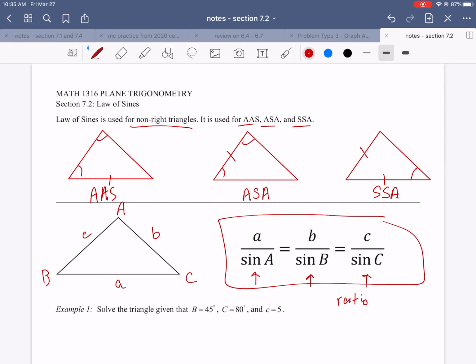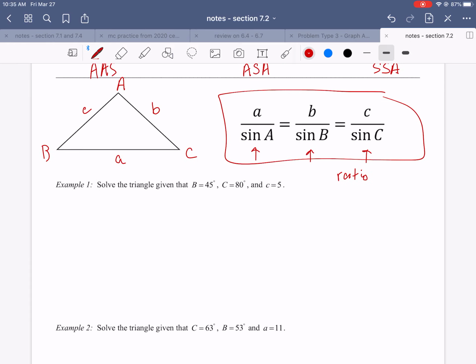Okay, so we're going to start with example 1. We're going to solve the triangle, which means we're going to find all of the missing information, all of the missing sides and missing angles. Okay, so we're given B, C, and little c. And so if we think about our triangle here, we are given this angle B, we are given this angle C, and we are given side c right here.